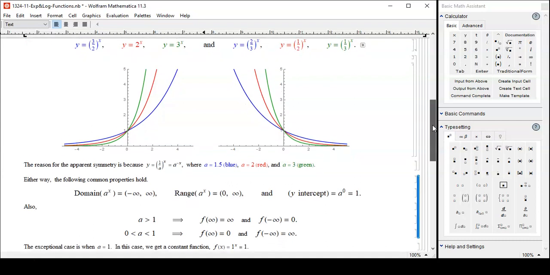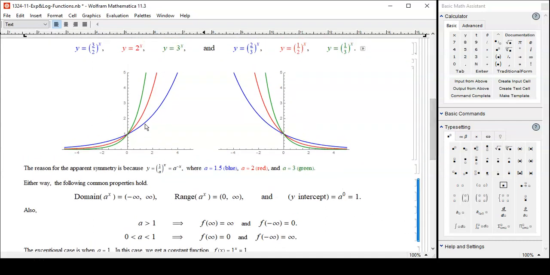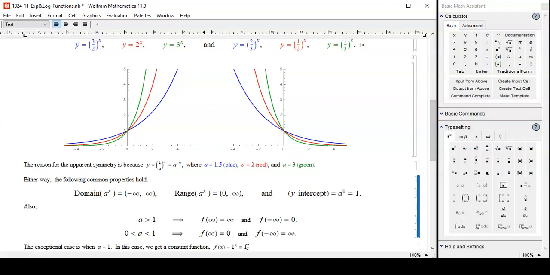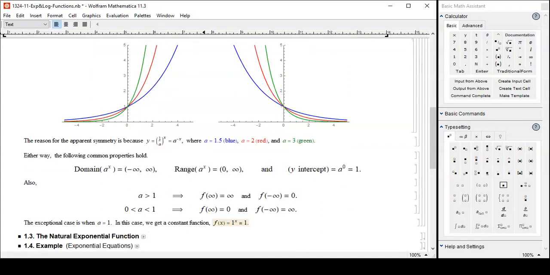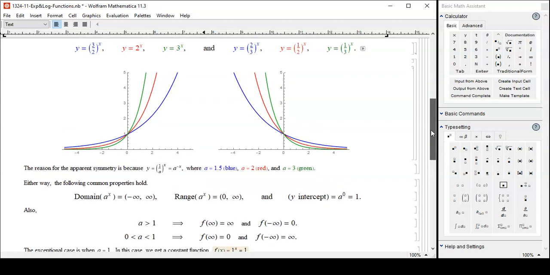One more. Here, a is greater than 1. Here, a is greater than 0 but less than 1. But what if a is equal to 1? In that case, we don't have anything actually. We have 1 to the x power. It's just constantly 1, so I'm going to get a horizontal line. So that's not very interesting. So in general, we consider only these: a greater than 1, and a greater than 0 but less than 1.